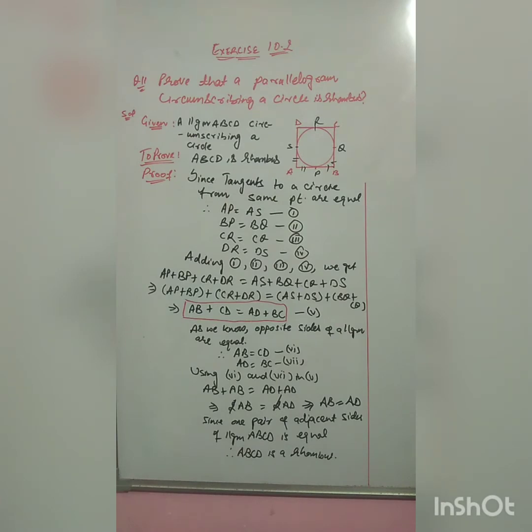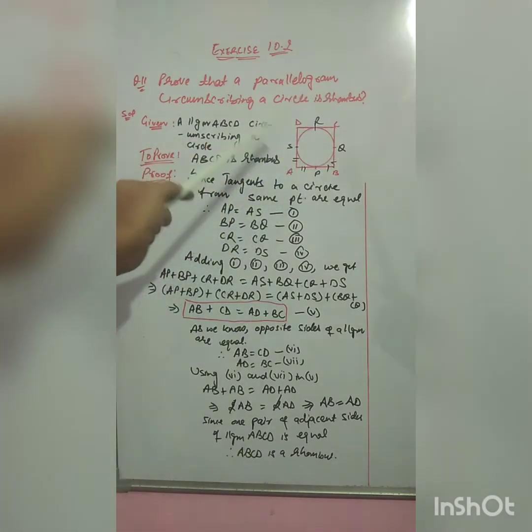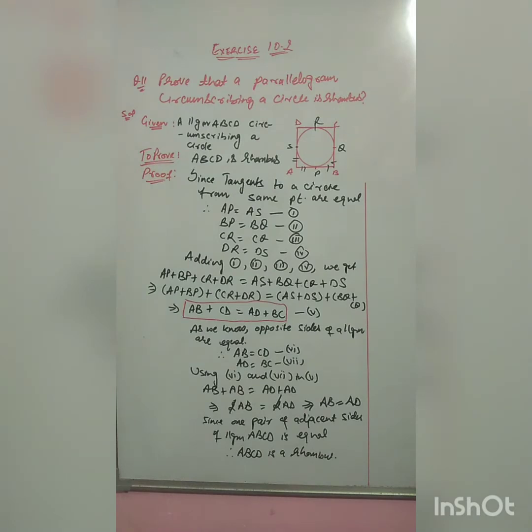By using 6th and 7th equation in equation number 5th, we get AB plus AB is equal to AD plus AD, that is 2 times AB is equal to 2 times AD, which gives AB is equal to AD. So now one pair of adjacent sides of parallelogram ABCD is equal, so ABCD is a rhombus. So this is what we have studied in class 9, this property, that if one pair of adjacent sides of a parallelogram is equal, then it is a rhombus. So this was question number 11 that we have done here.